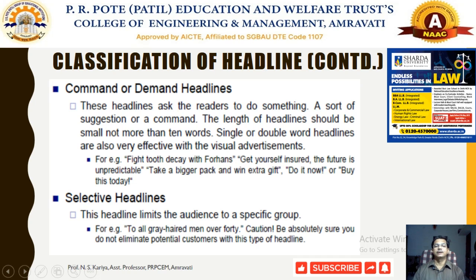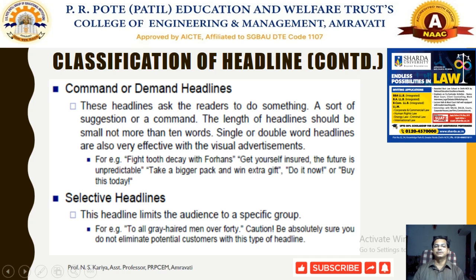Specifically, these kinds of headlines limit the audience, or they are targeted to some specific group. For example, to all gray haired men over 40, caution. This is a kind of statement where people who are gray haired men aged 40 and above are directly addressed by that headline.